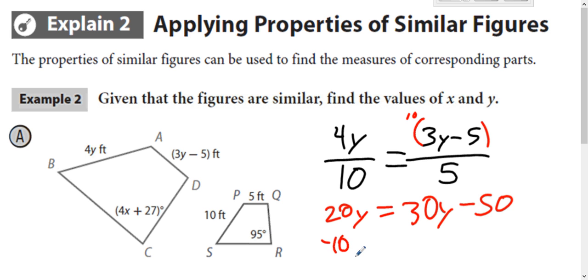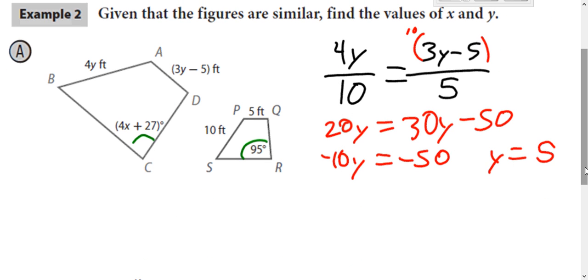So get your y's together. That's negative 10y equals negative 50. So y equals 5. Side lengths are proportional, so you write your proportion, you solve it. Then for the 95-degree angle, that's corresponding over here to the 4x plus 27 degrees.